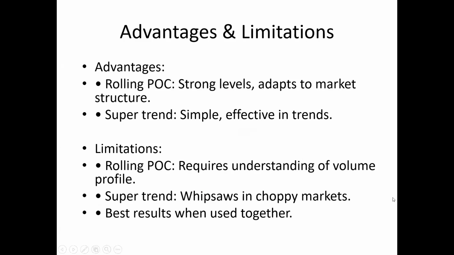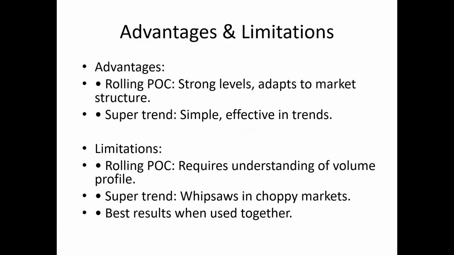Supertrend is simple and effective in trends. Limitations: rolling POC requires an understanding of volume profile. You need an understanding of volume profile. If there is no volume, very little profile, you cannot take the trade. That is the limitation; otherwise, everything will be clear.